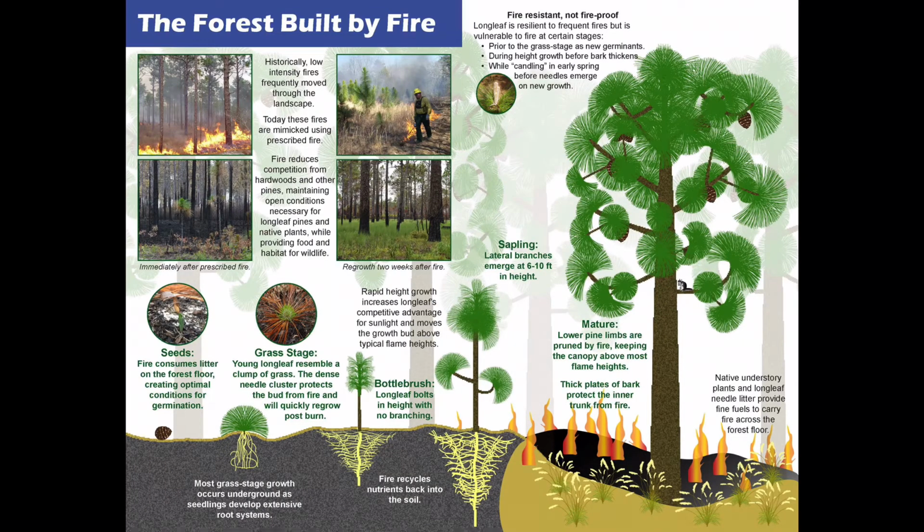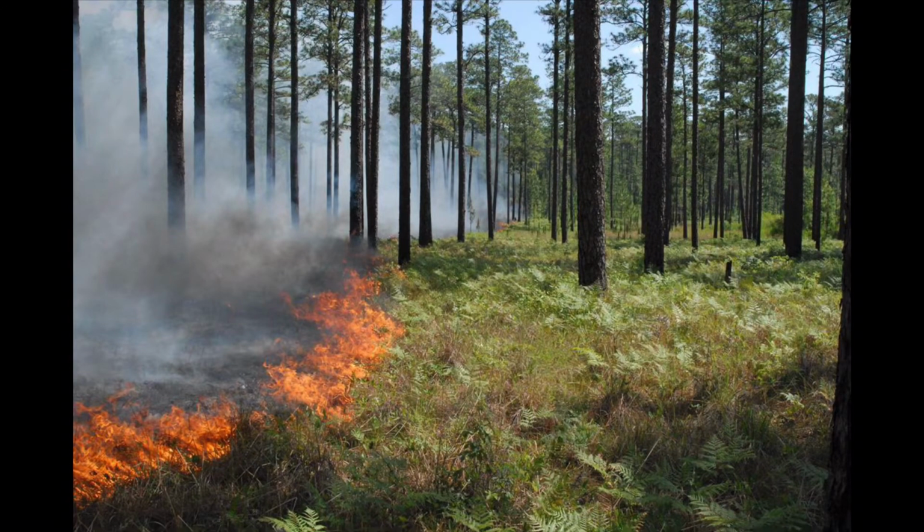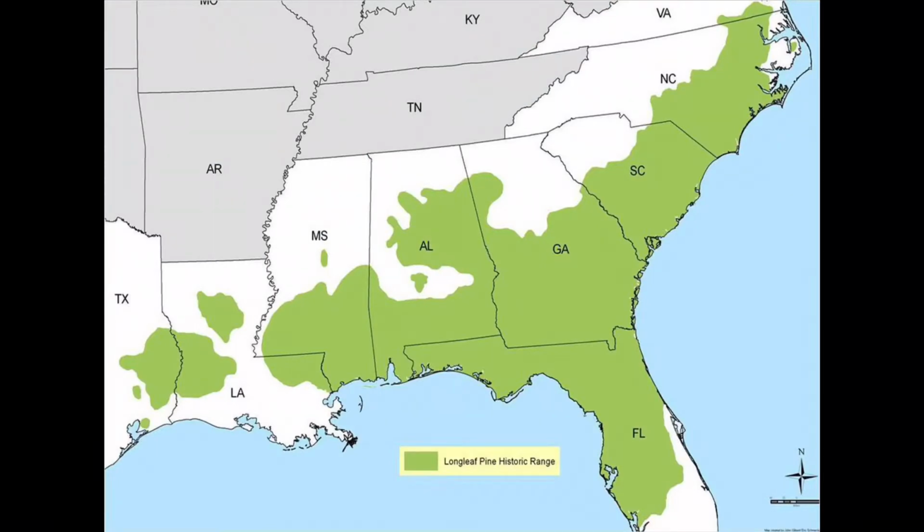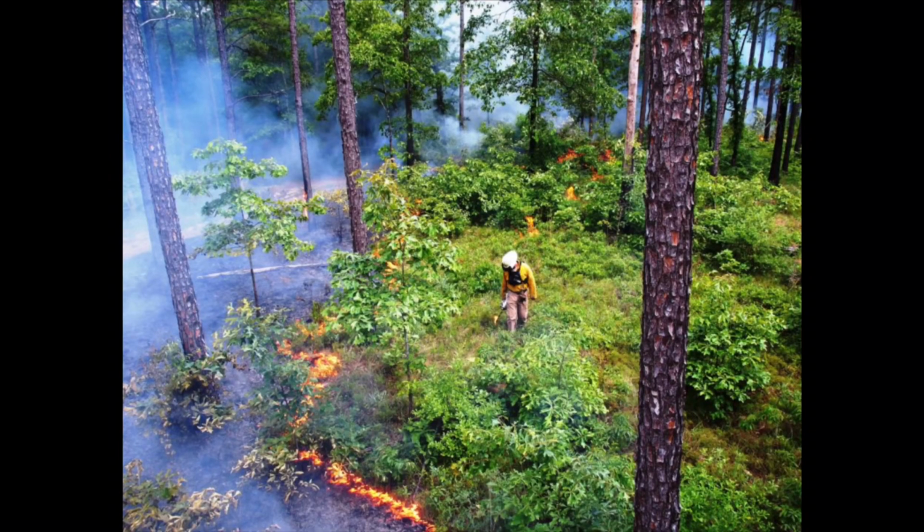For example, longleaf pine has been suppressed since European colonization, partially due to the turpentine industry as well. But longleaf pine used to be all across the southeastern United States, and it's a fire-based ecosystem. So it relies on frequent fires that are low severity.